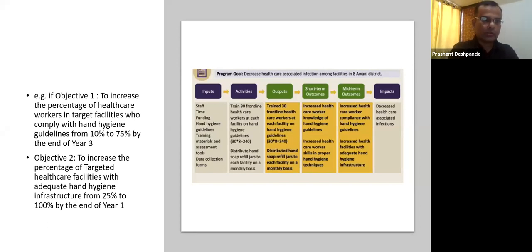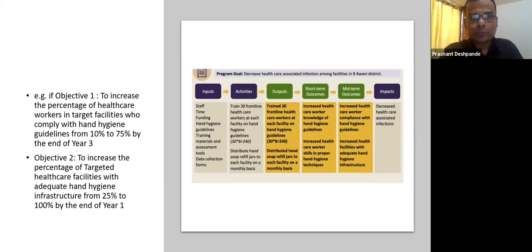So objective 2 was to increase the infrastructure for adequate hand hygiene practices. Now, why I'm going slow? Because this is very important. Goal and objectives we have seen. Now we have to refer to our outputs and outcomes in logic model.